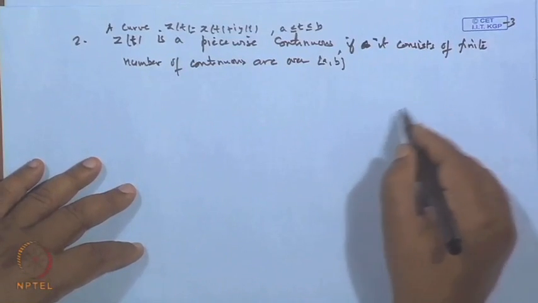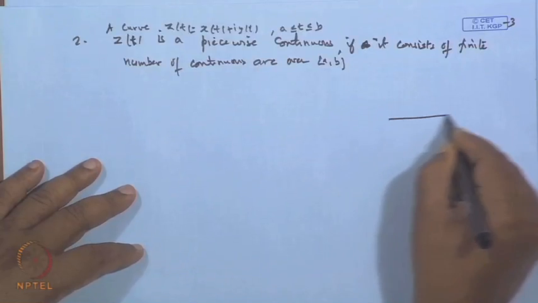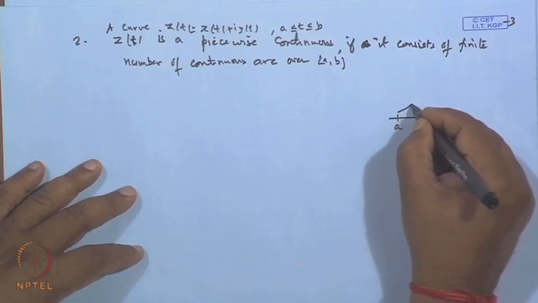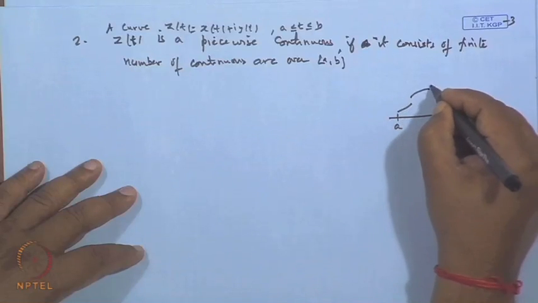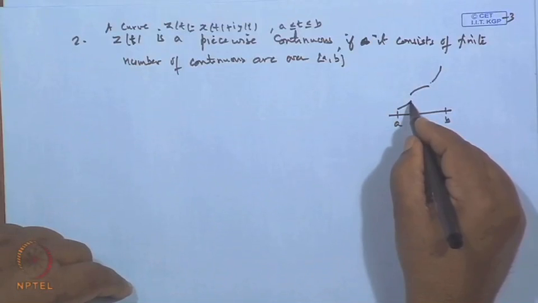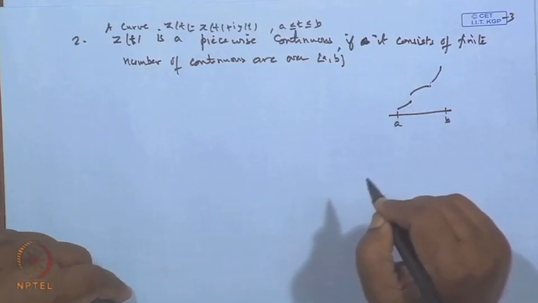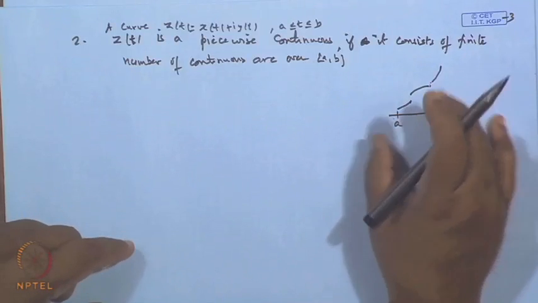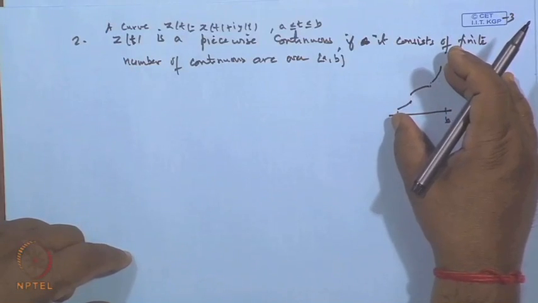Suppose a curve is such that it is not continuous throughout the interval a b, maybe something like this. Then there is a point of discontinuity here. So, over the entire interval the function is not a continuous function of t.